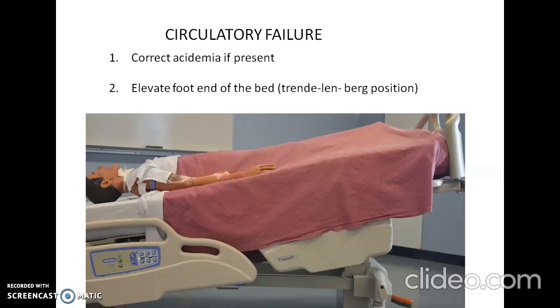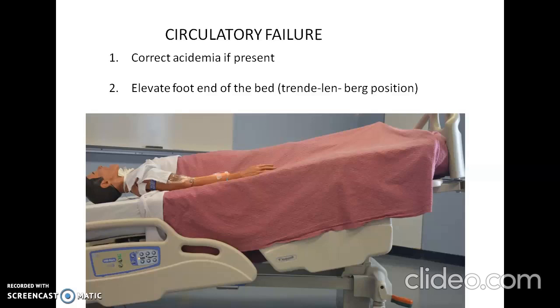This is all about the respiratory care. Then, coming to circulatory failure. If circulatory failure is observed, we should first correct the acidemia condition if it is present in the person. Acidemia is nothing but an increase in the H plus ion concentration in the blood.